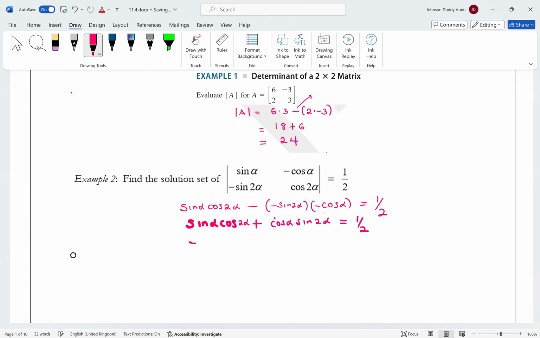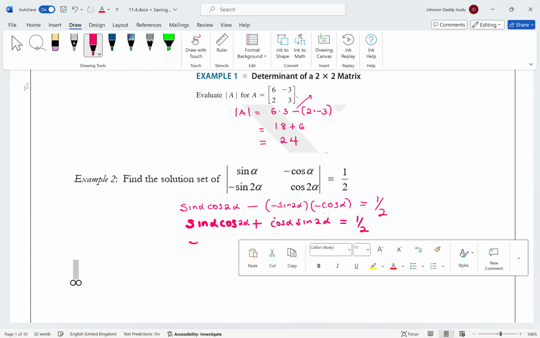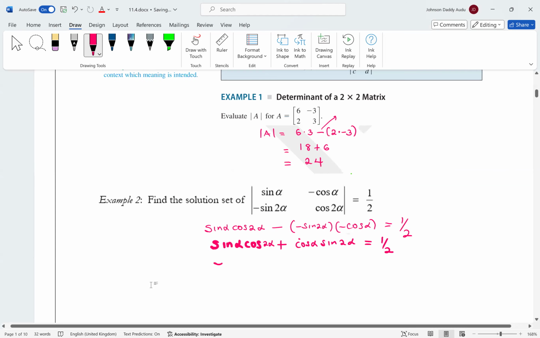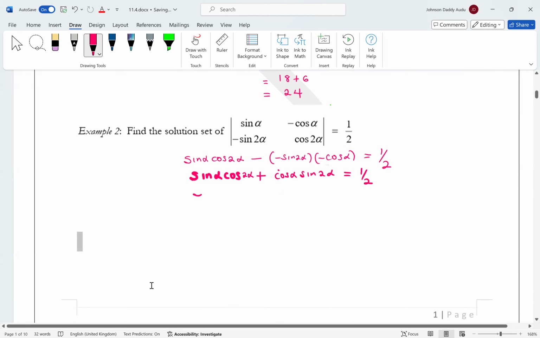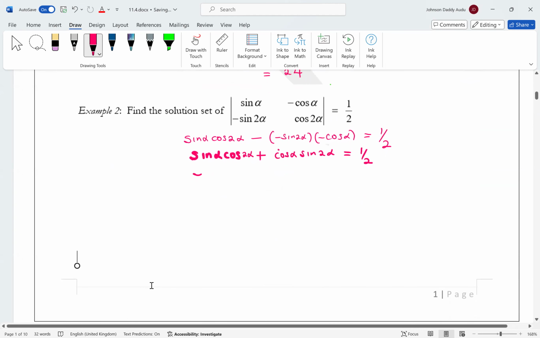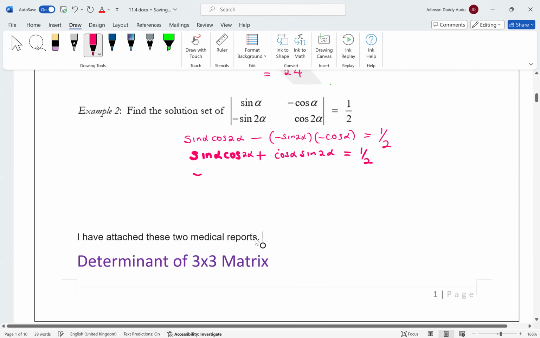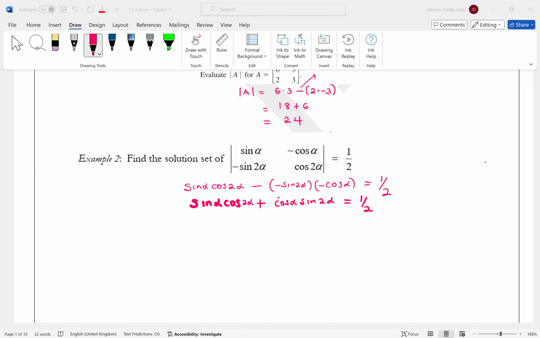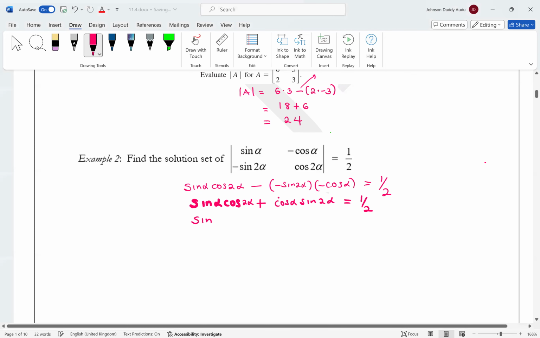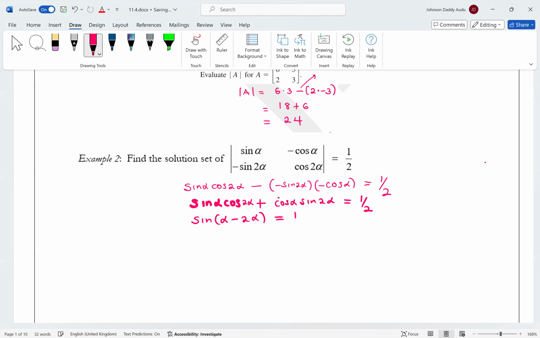And carefully, this is nothing but sine of alpha minus 2 alpha, which equals half, and this is nothing but sine of minus alpha, that equals half.